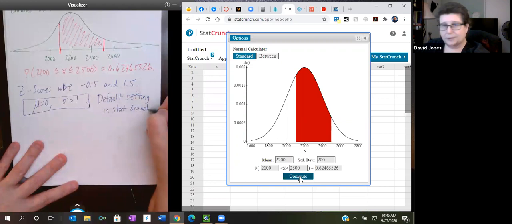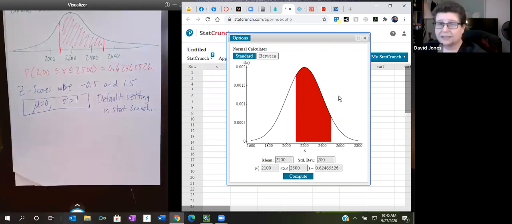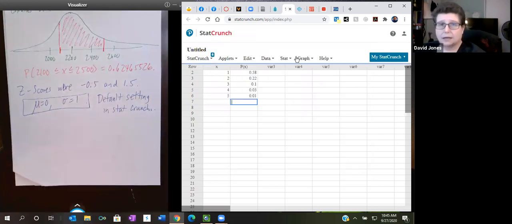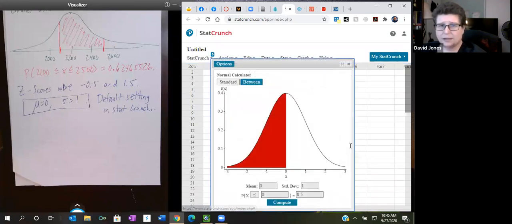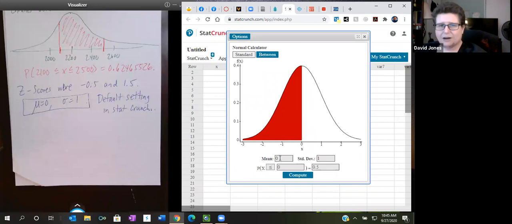If I open up a new window, stats, calculators, normal, look at that. It automatically defaults to a mean of 0 and a standard deviation of 1.